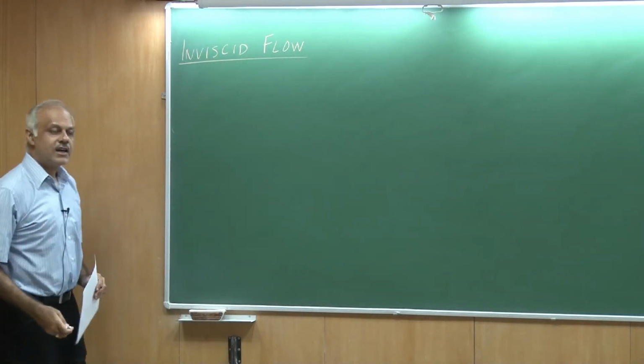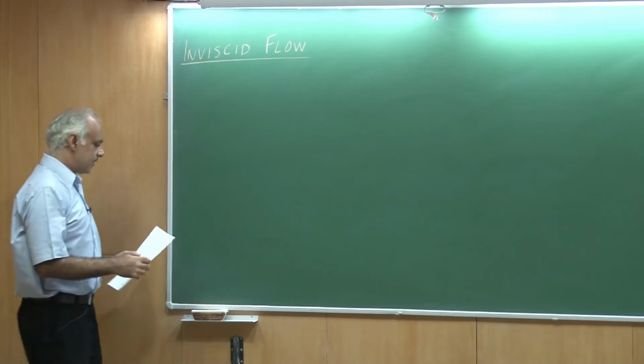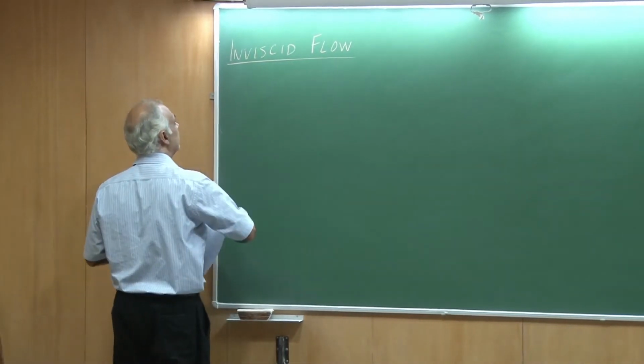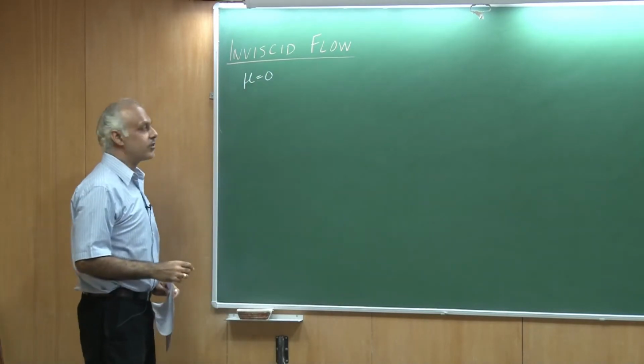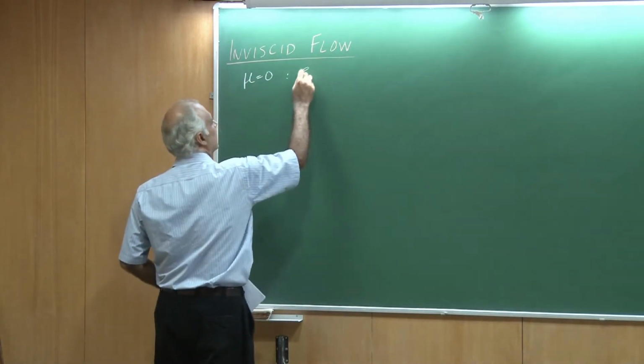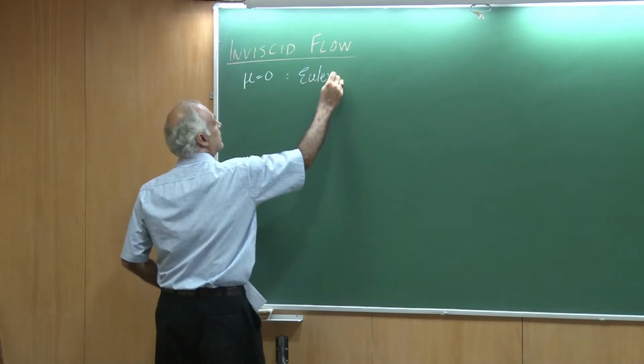These flows essentially imply that the viscosity is 0. So, mu is 0, that is what inviscid flow is, and these are usually governed by Euler equations.